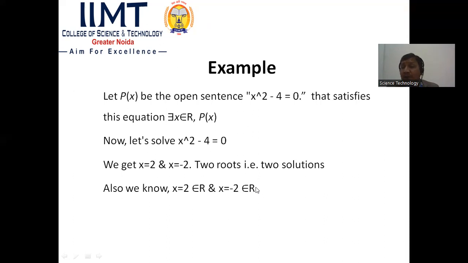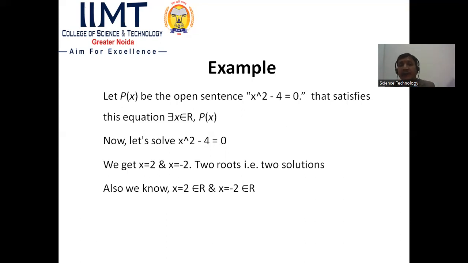So we can say there are two real numbers, 2 and minus 2, which follow the formula x squared minus 4 is 0. Not all elements of R satisfy this formula, but only one or two elements exist which satisfy this formula and belong to the set of real numbers.